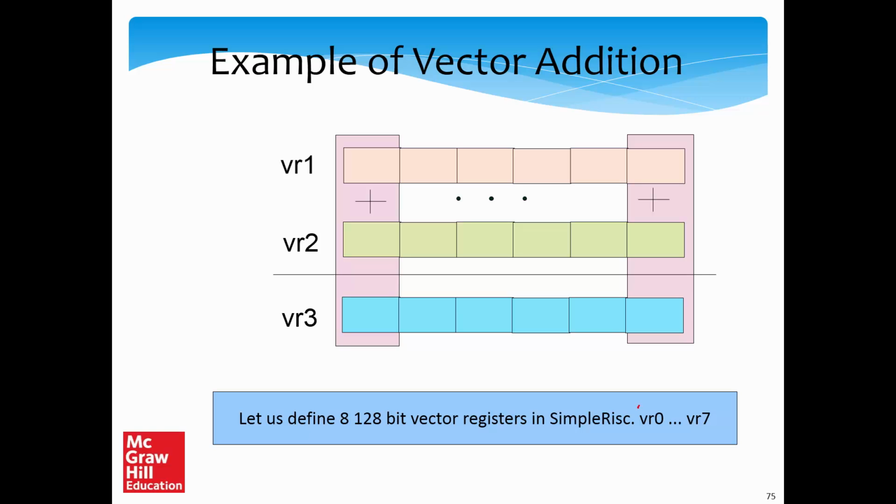What we have is a conceptual view when we are adding two vector registers VR1 and VR2. If we assume they contain multiple fields, floating points or shorts, it doesn't matter. The addition is always pairwise. So if this is 3 and 2, this will be 5. If this is 10 and 11, this will be 21.